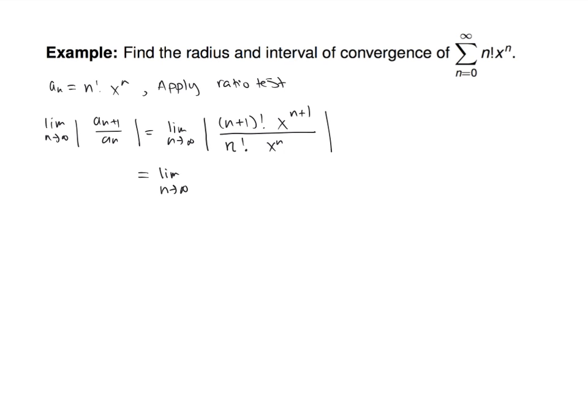All right. What does n plus 1 factorial over n factorial cancel out to? n plus 1. And that can come out of the absolute value bars because n is positive, right? What else is left there? The x, and that's still in absolute value bars. Okay. So no matter what number x is, where's this limit going to go?